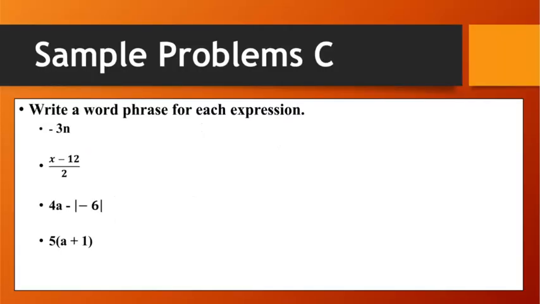Moving on to our next examples. Here we're going to write a word phrase for each expression. Now, when you write the word phrase, there is more than one way of writing it. So I usually write it the way I say it. That's the easy way, but there are multiple ways you can do this. So this would be -3 times a number, or I'm going to say times n.